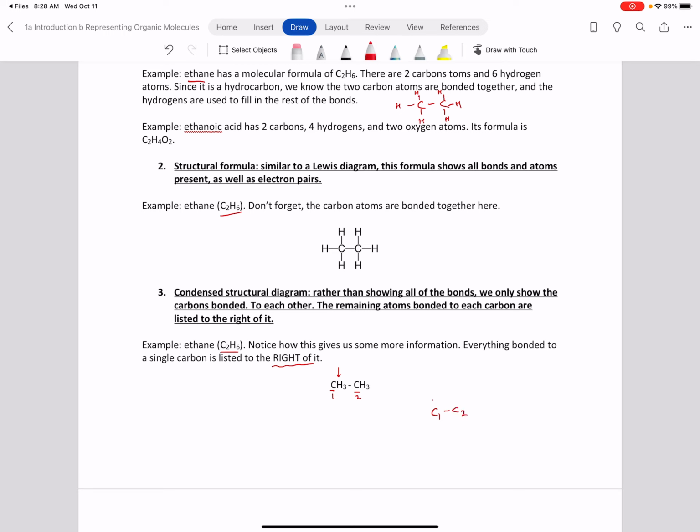And carbon 1 has 3 hydrogens on it. And so does carbon 2 in this case. So if there was an oxygen, for example, on carbon 2, it would have that to the right of it. So that's called a condensed structural formula. When we have long chains of hydrocarbon, they're a bit easier to draw than the entire structural formula.